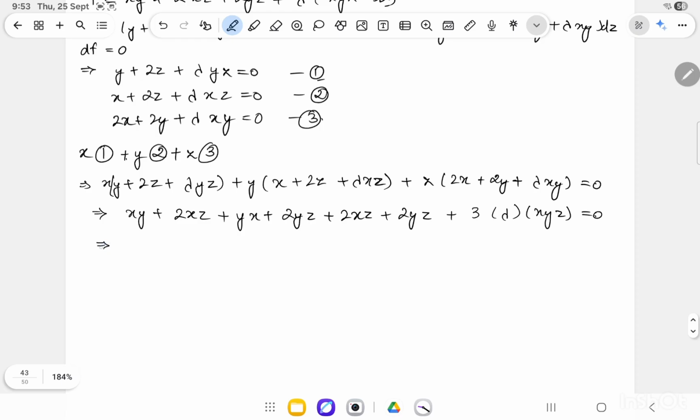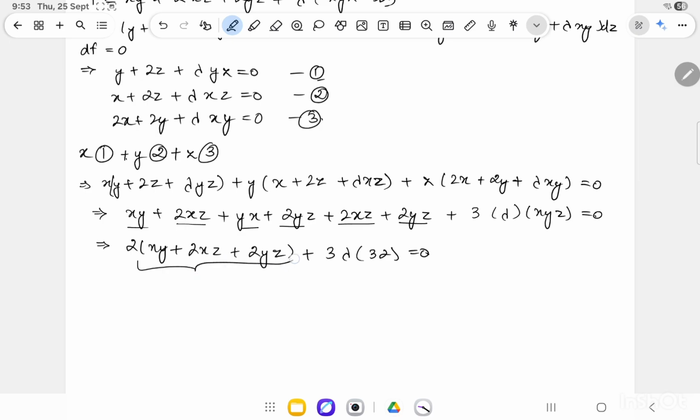Now if you see that, it is basically 2 times xy plus 2 times xz plus 2 times yz plus 3 into lambda into 32 equals 0.